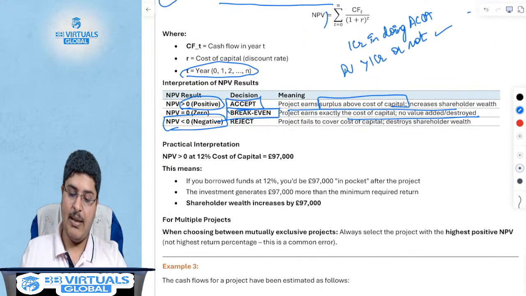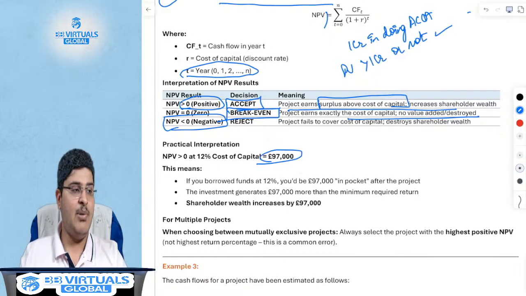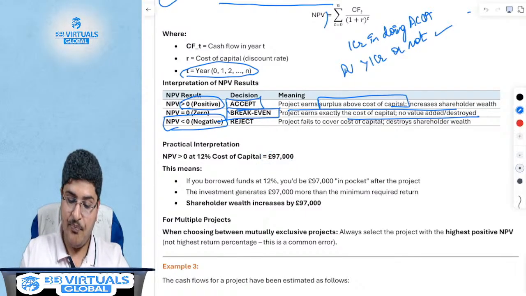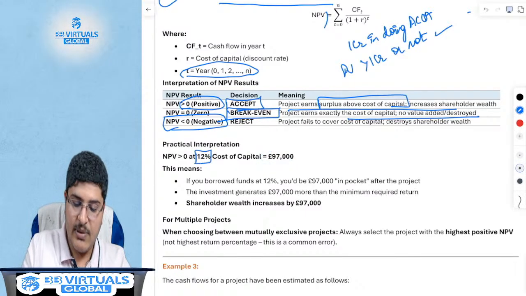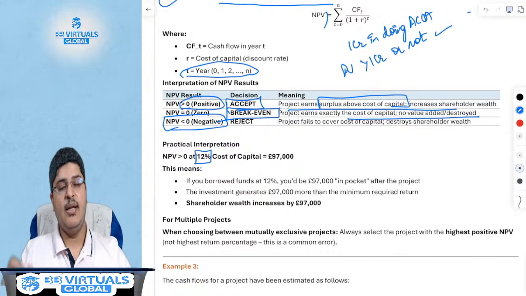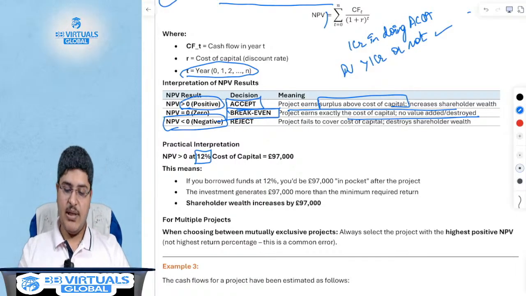Let us look at a practical example. Let's say your cost of capital is 12%. In our earlier example, the bank had given money at 10%. Over here, let's say the bank has lent you money at 12%.